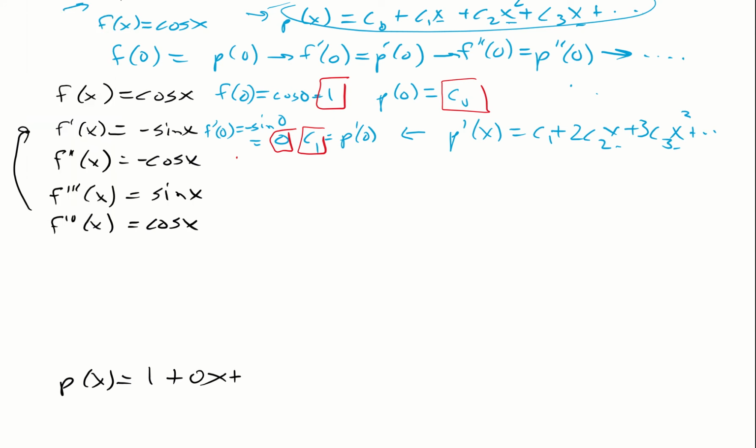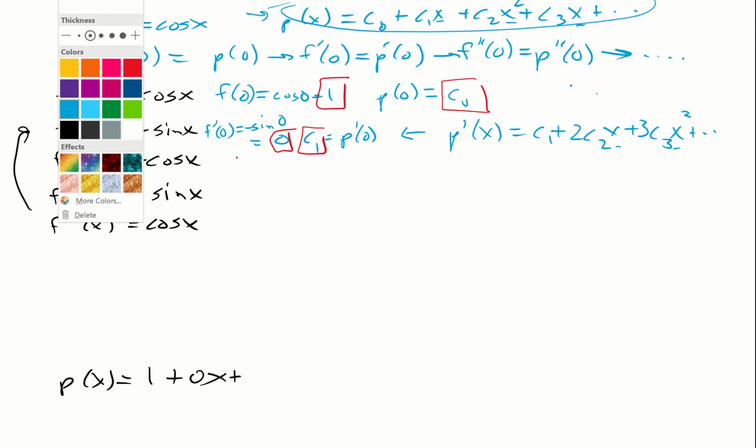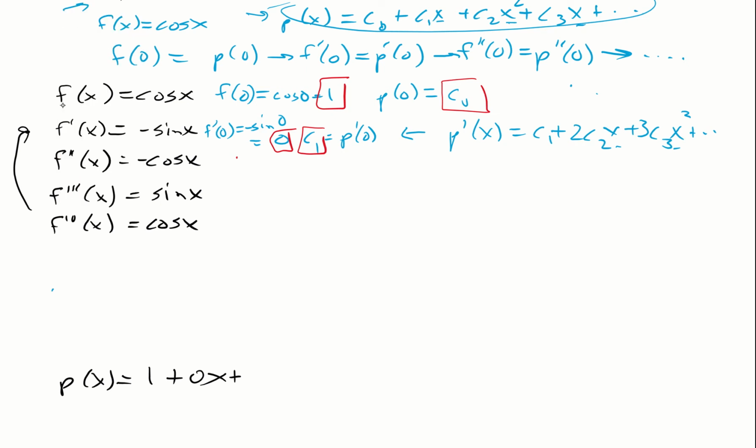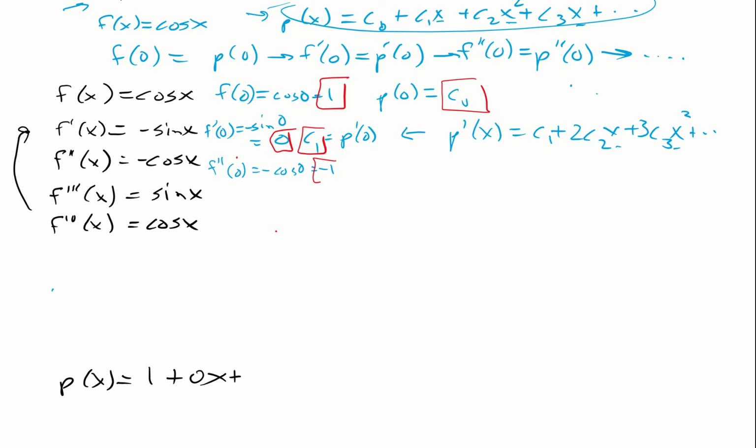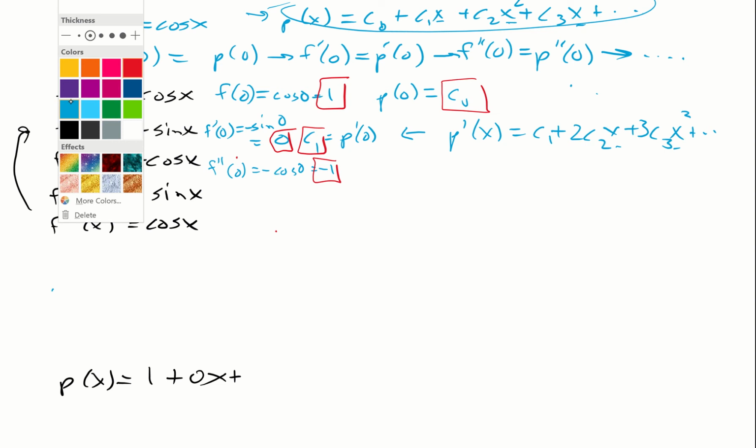So maybe this time I'll start with the f double prime. So f double prime of 0 is negative cosine of 0 is negative 1. Now that's one of our guys that we're going to match. We're going to match that up. But is it going to be c2 or does it change? And the answer is, can you anticipate it?